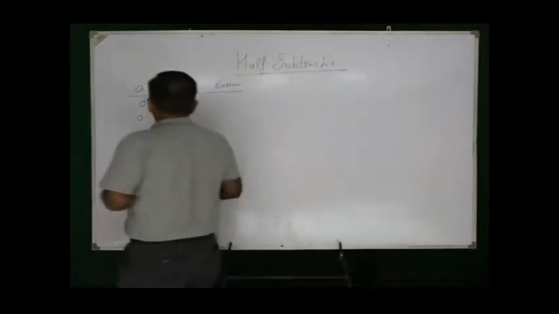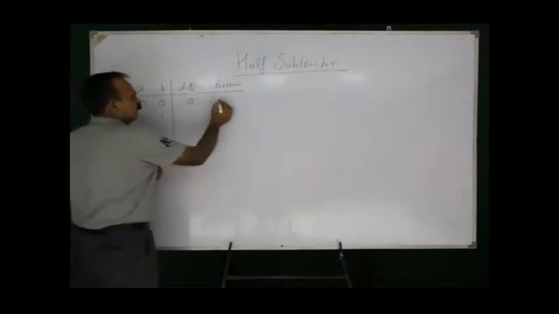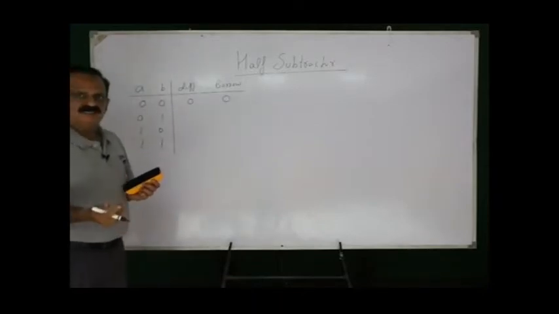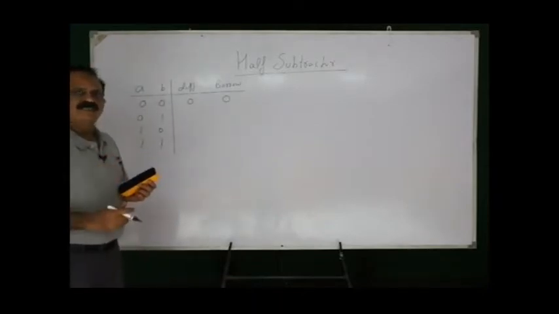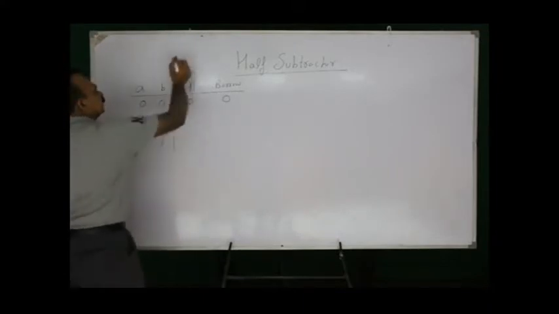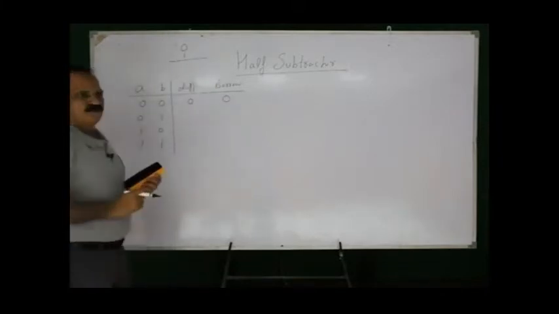Now A minus B, 0 minus 0, I hope the difference is 0, and there is no borrow at all. That means difference is 0 as well as the borrow is 0. Now 0 minus 1, I want to subtract 1 from 0.